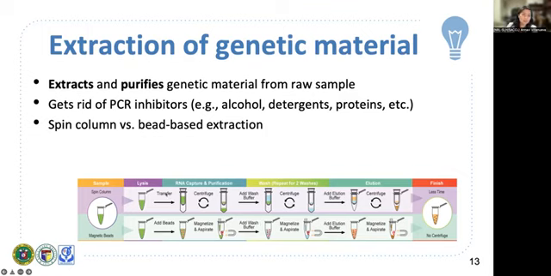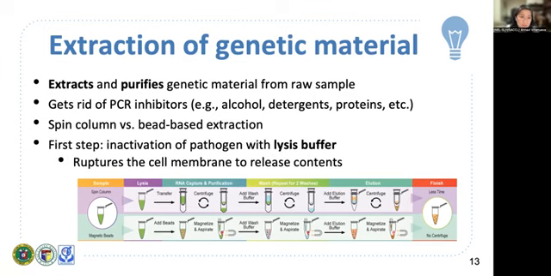But note that for both methods, for spin column and magnetic bead extraction, our first step is always the addition of a lysis buffer. So the lysis buffer inactivates your pathogen, and it also ruptures the cell membrane to release its contents.